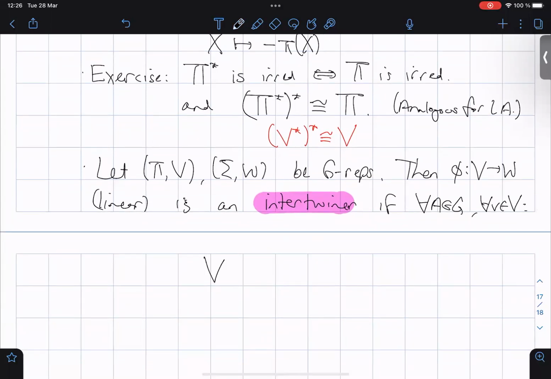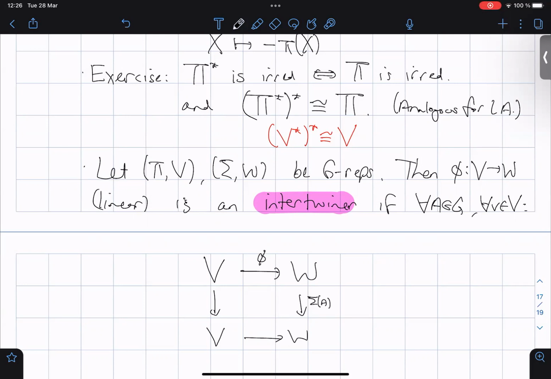I take V, I hit it with phi, and then I follow it up with the group acting.